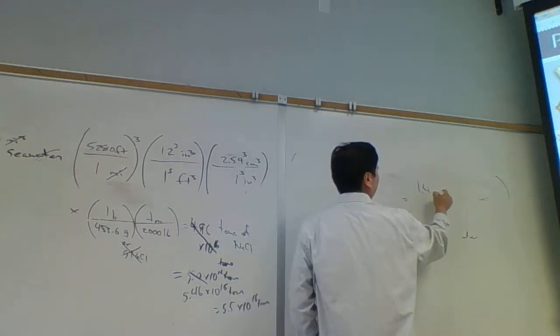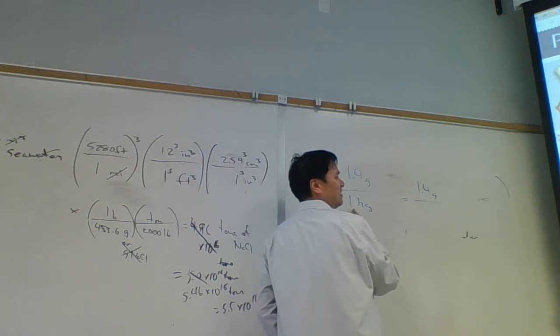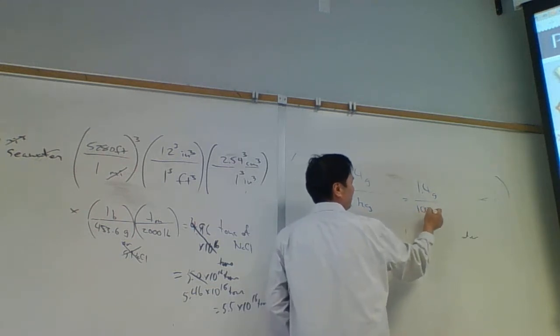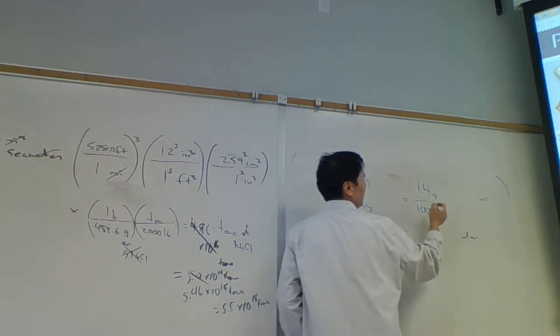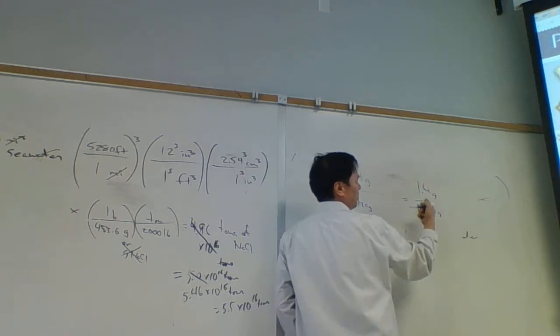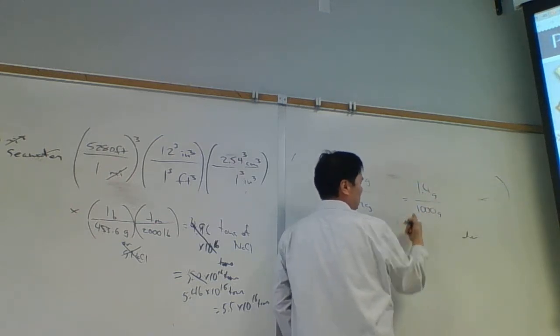So 1.4 grams, a kilogram is 1,000 grams. And so we would call this a part per thousand, actually. That is correct. It's part per thousand.